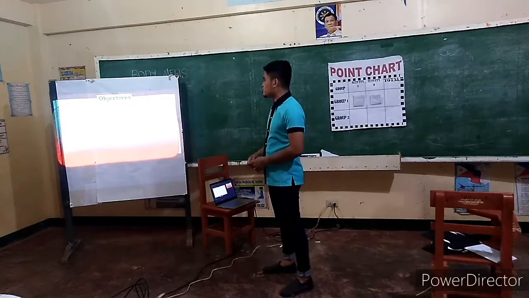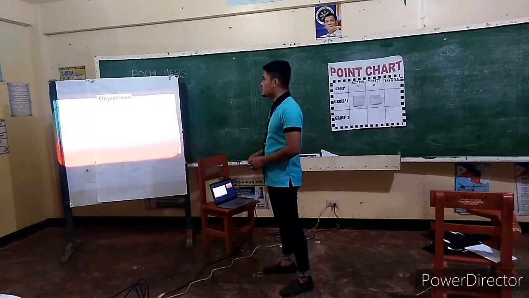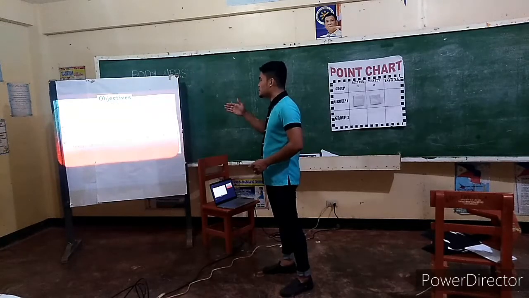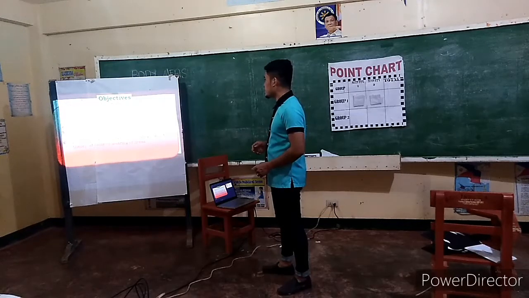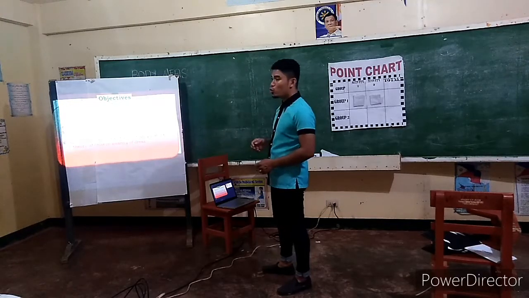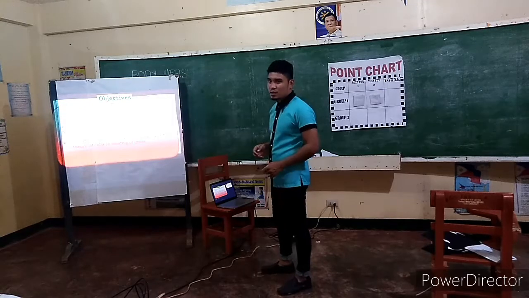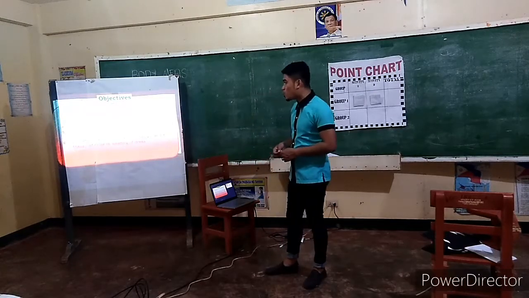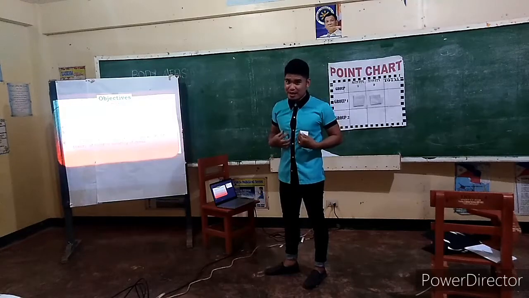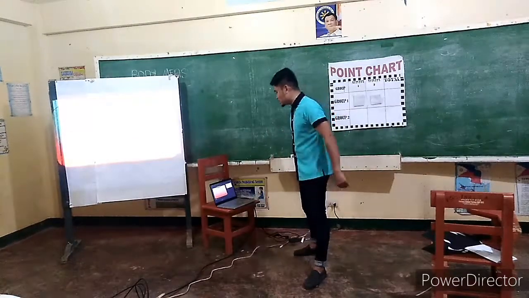At the end of the lesson, students are expected to: A, identify the different elements of design; B, appreciate the importance of elements of design in making or wearing a dress; and then last, letter C, apply effectively the elements of design and theory of color in wearing a dress. Okay? So those are our objectives.